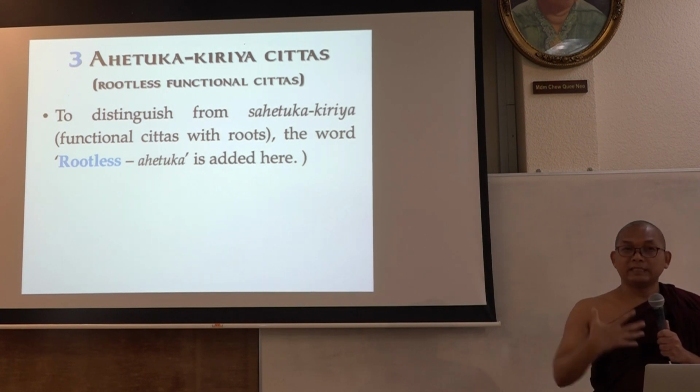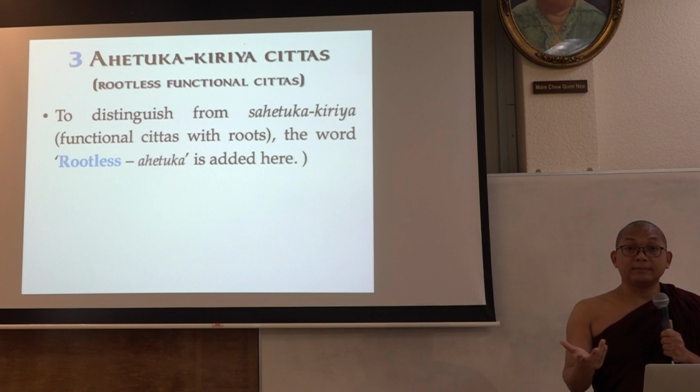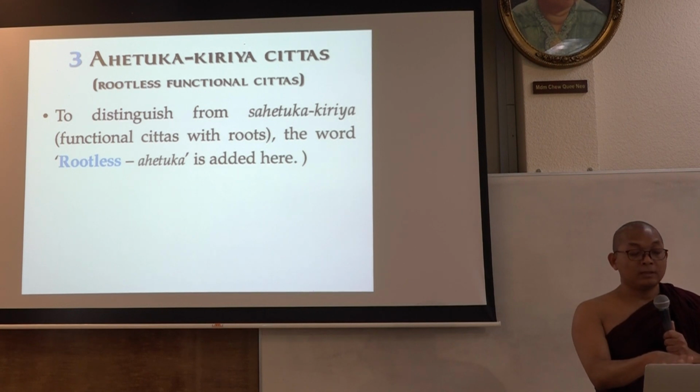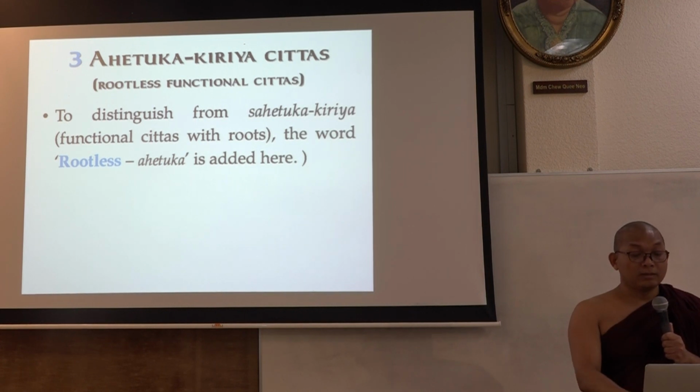The moment Kriya Citta arises, the Buddha and Arahant have compassion, generosity, or wisdom together with the root. But here, the moment the three Ahetuka Kriya Cittas arise, there's no root. So to distinguish from Sahetuka Kriya Citta, we add Ahetuka, right?